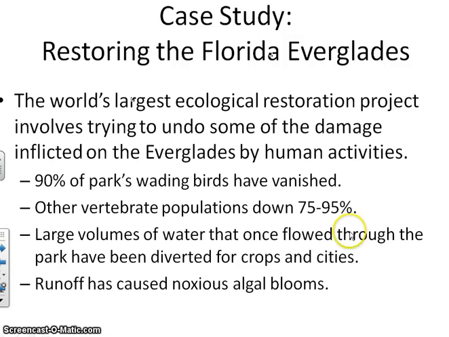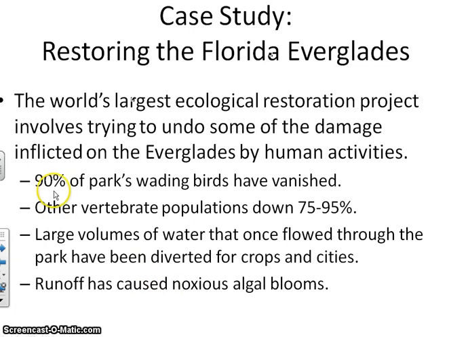The Everglades is an interesting case study. So what people are trying to do in the Everglades is to restore some of the damage that has been done by human impact, and in doing that, we're trying to combat a lot of this negative human impact that we've had.